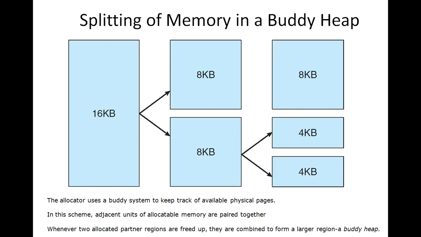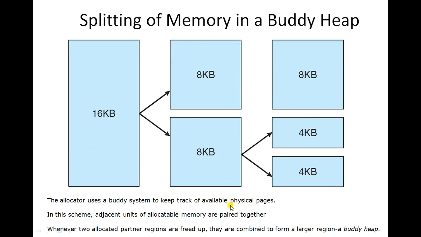Splitting of memory in a buddy heap. Once a particular memory page is freed, we get free frames in the physical memory. So in case of the buddy heap, the allocator uses the buddy system to keep track of available physical pages.